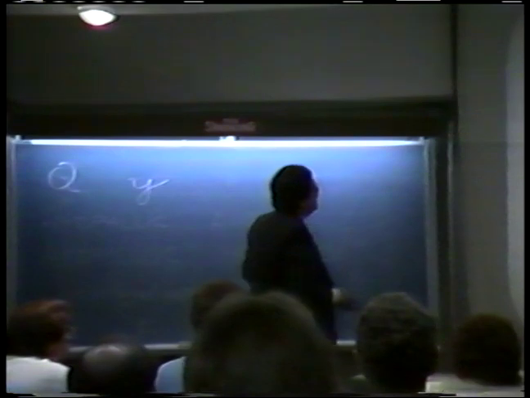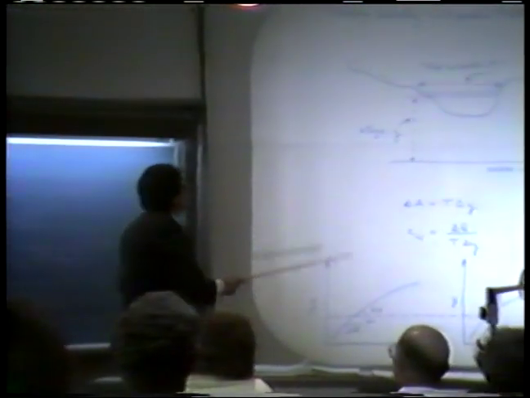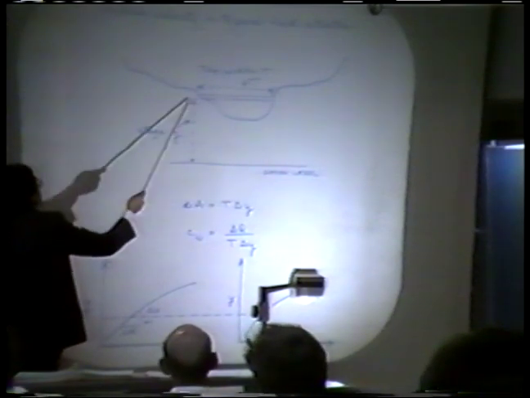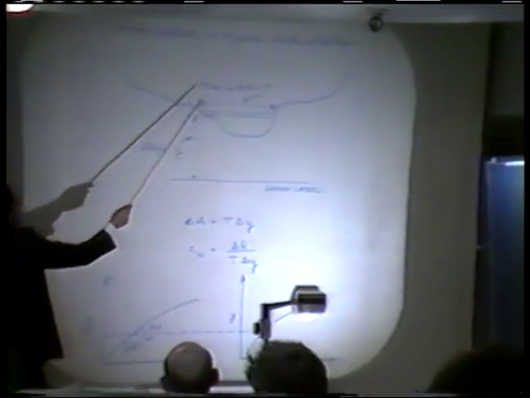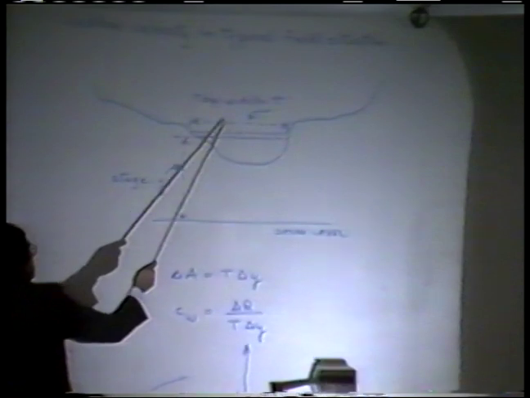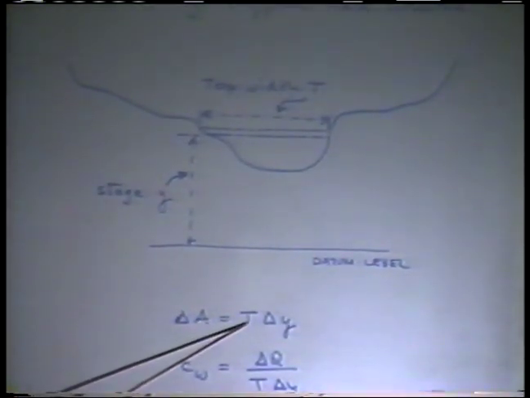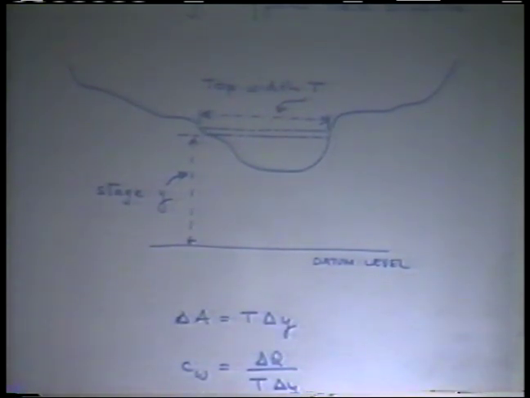So what has been done in practice is that we talk about the flow cross-section, the stage Y, and the top width of the channel, and the change in area is going to be equal to the top width times the change in stage. And that is a well-recognized formula in open channel hydraulics.